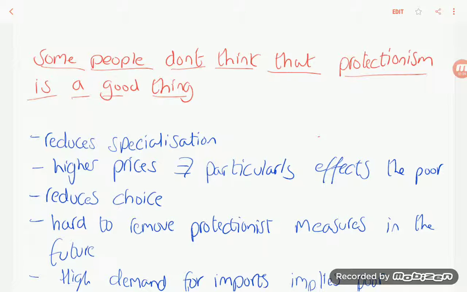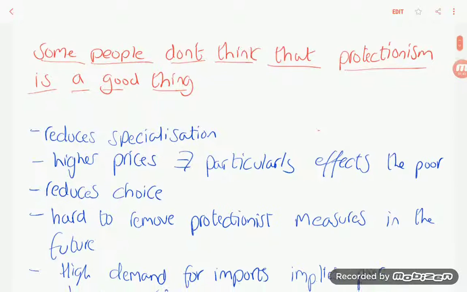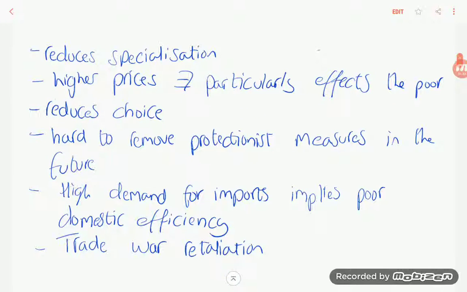Protectionism also reduces choice for consumers. Once trade barriers are in place, it can be difficult to remove them. Industries may depend on them to survive, so removing them could destroy domestic industries. If demand for imports is high, this could be due to poor domestic efficiency.